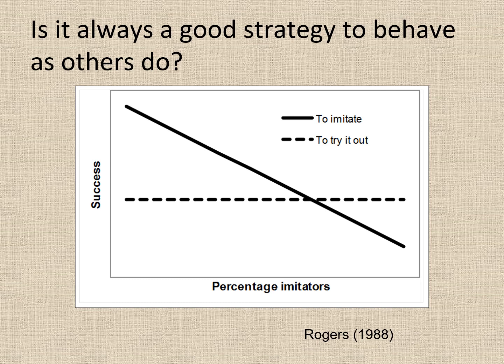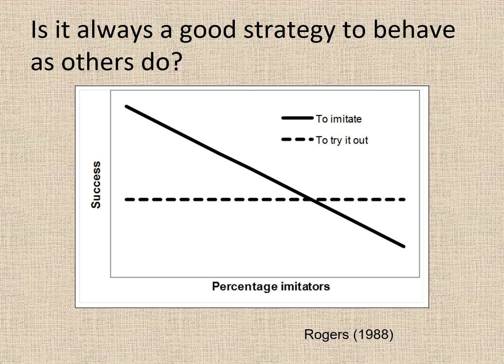Individual learning, individual tryout. Or if there are others who are behaving in this area, you have a look at them and then you copy their behavior. Social learning. You have a look at how others are behaving.